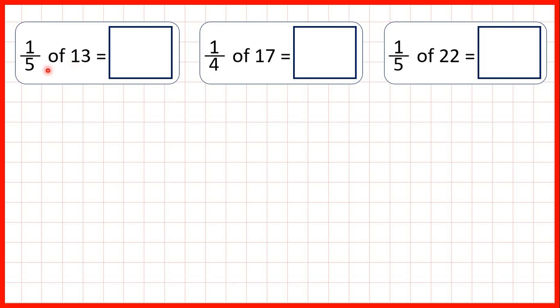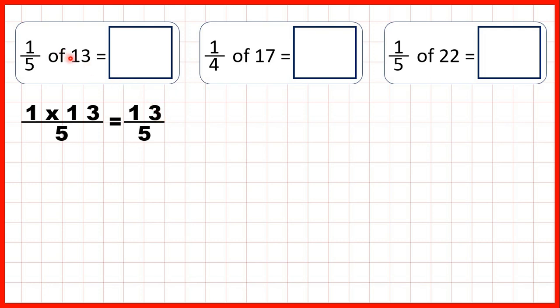So, what we can do is write out the question as 1 times 13 over 5. So, the numerator times the whole number over the denominator. 1 times 13 is 13, and the denominator is 5, so we have 13 fifths as an improper fraction, and we can turn that back into a mixed number by dividing, because remember, a fraction is really a division.